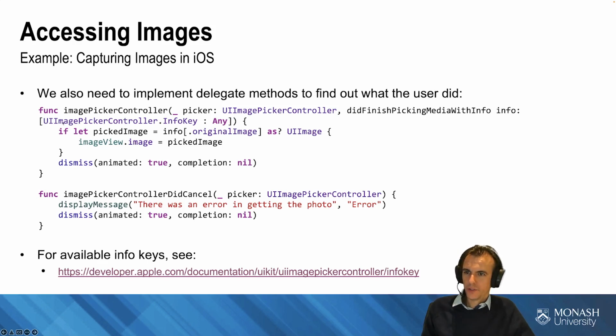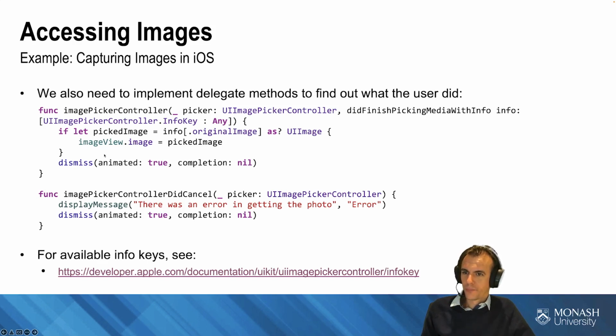The key type is UIImagePickerController.InfoKey, and there's a number of different value types in here. The other method is imagePickerControllerDidCancel, and there we don't find out any information other than the user hit the cancel button. So in this case, we might display an error and say there was an error in getting the photo. Really what this means is the user chose not to select a photo. Then we dismiss the view controller, which is the image picker view controller, so it doesn't dismiss itself.